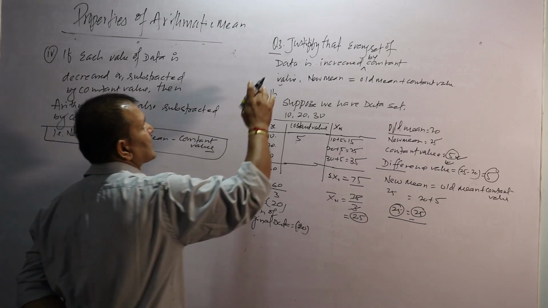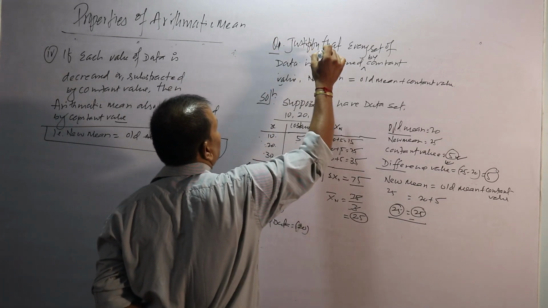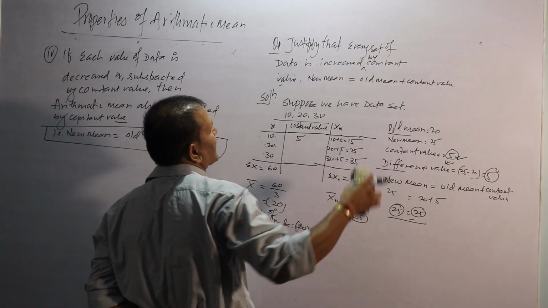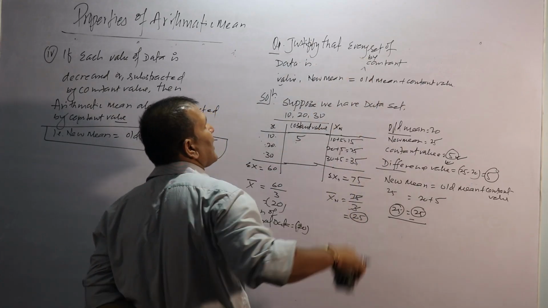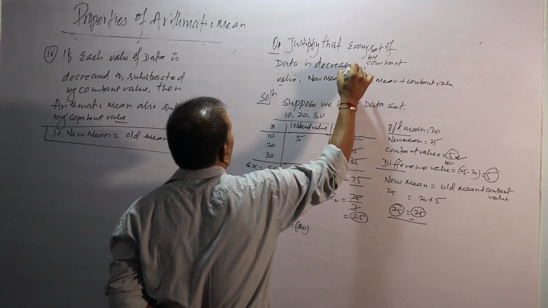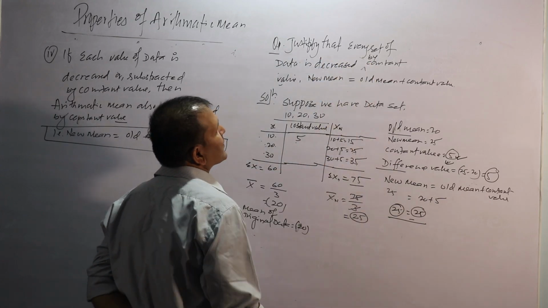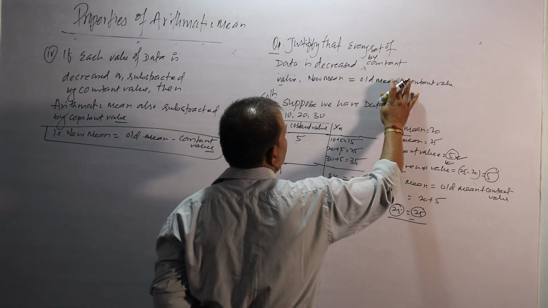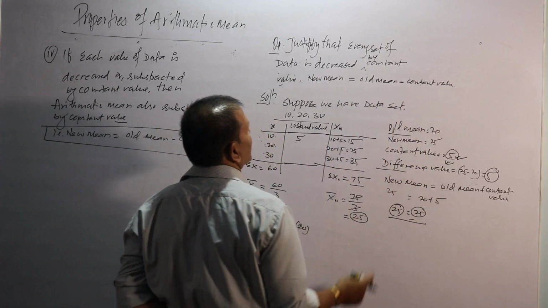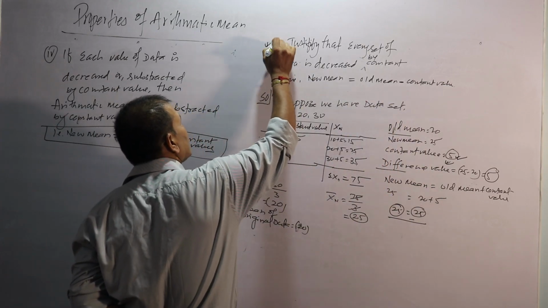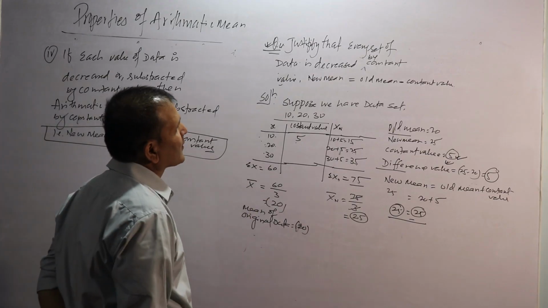If a person asks to justify that if every set of data is decreased, or subtracted, by a constant value, new mean is equal to old mean minus constant value, this is your question, and we need a justification, a proof.